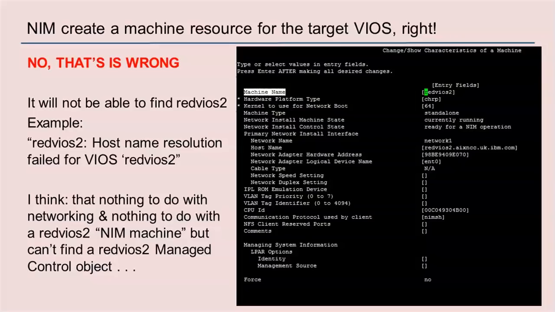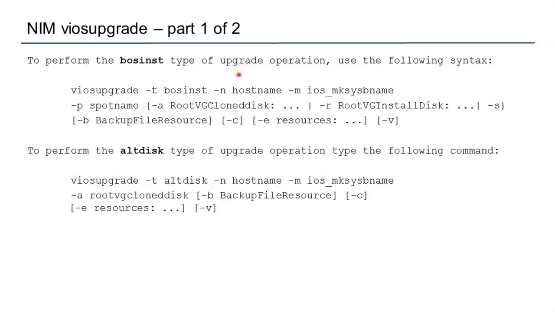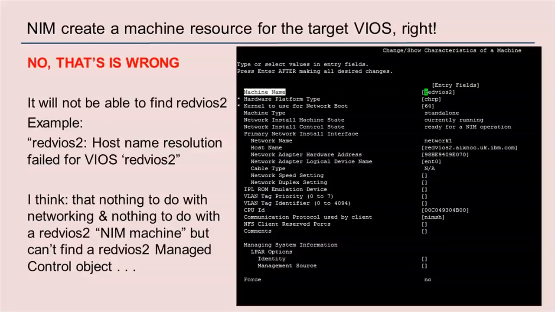You would think, wouldn't you, if you're doing a NIM install of a VIOS server, you make a machine called your VIOS server name, and then the command you use would have a NIM machine name, and that doesn't work, and that's not documented.